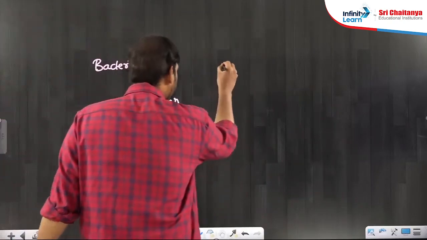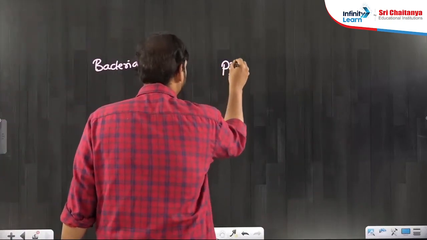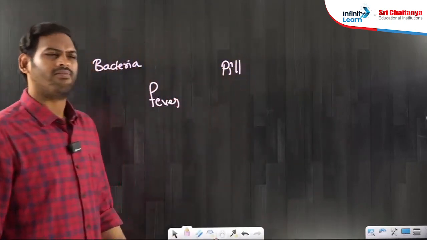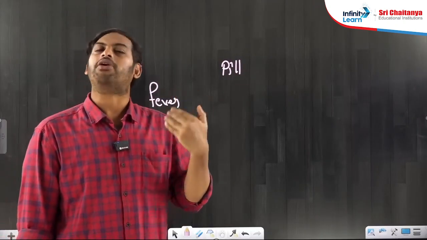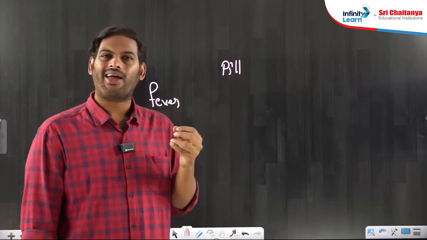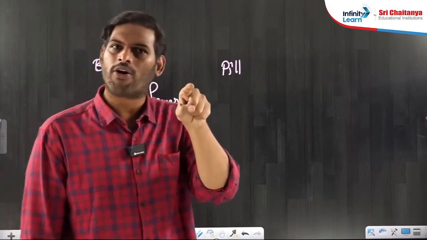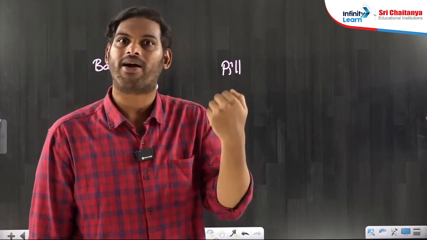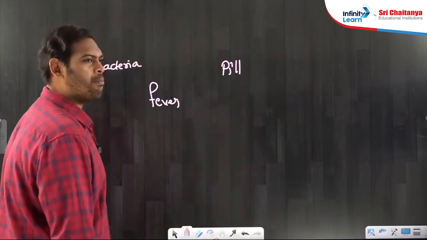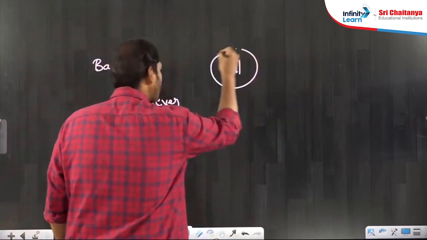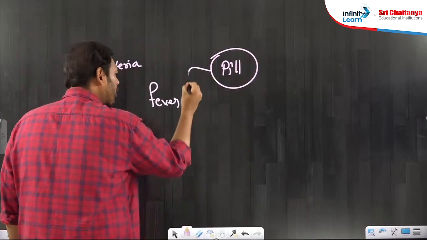If you take a tablet, medicine, pill, this is a pill which can decrease body temperature. Any medicine which can decrease body temperature is called an antipyretic. It decreases temperature. So you took a pill, paracetamol, and this pill will decrease your body temperature.